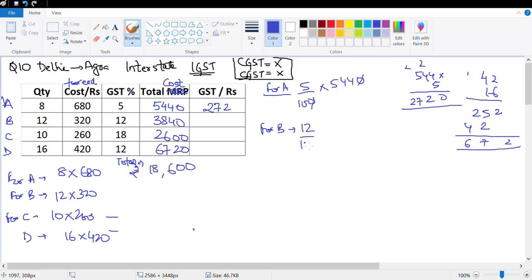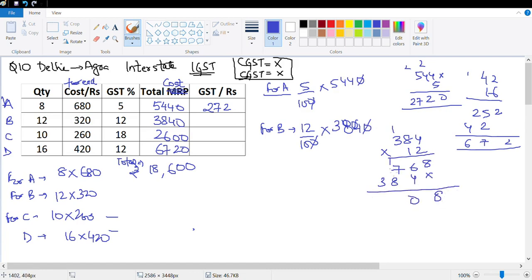So 12 upon 100 into 3840. Let's calculate. 384 into 12 is 4608 with the one decimal. Again, I need to remember to put an extra 0 because this is money.